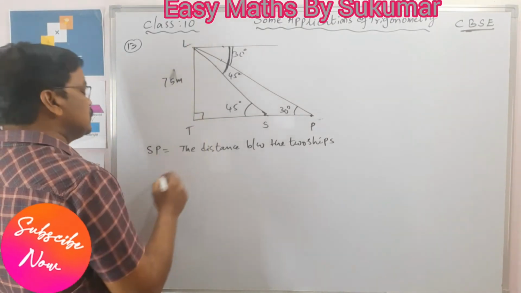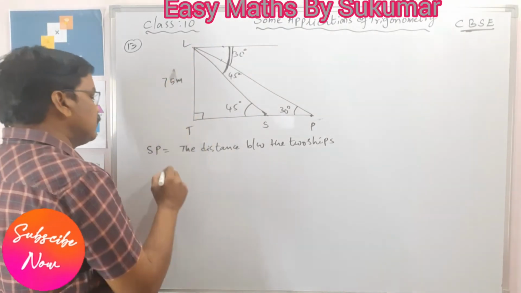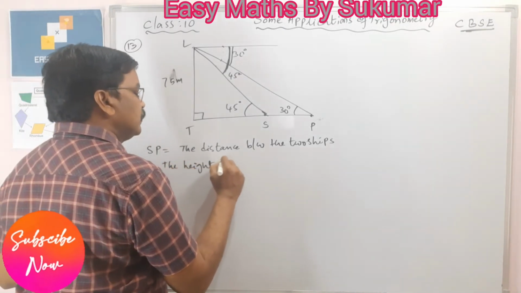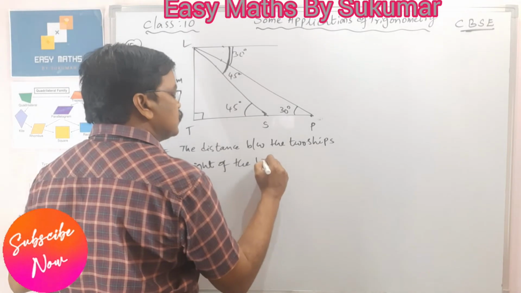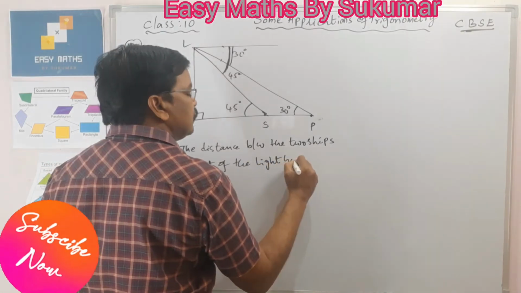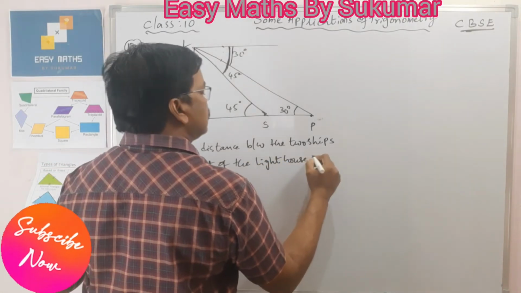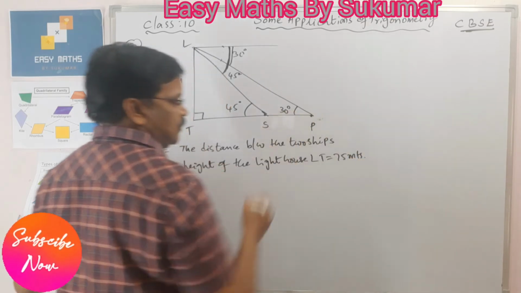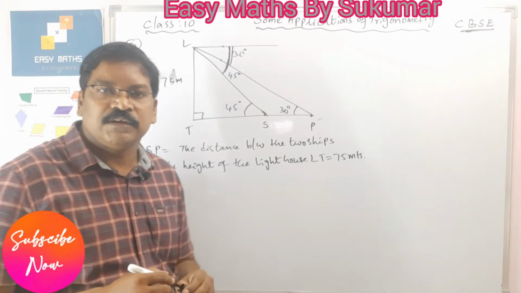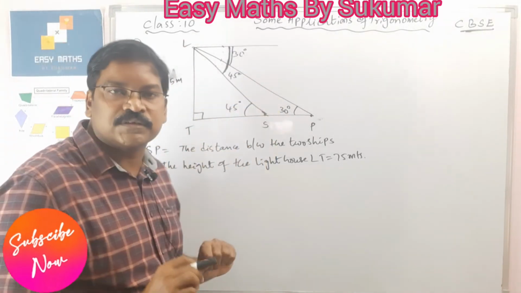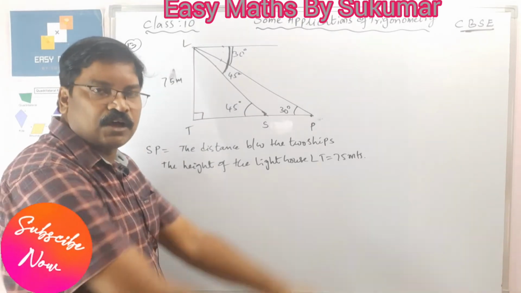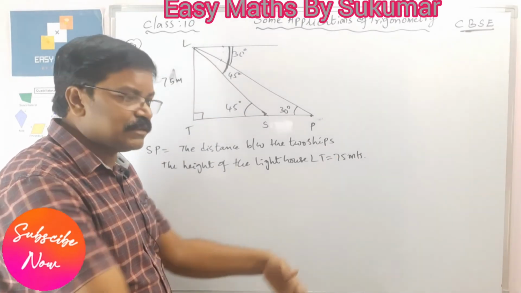See, what is the height of the lighthouse here? That is 75 meters. The height of the lighthouse LT is equal to 75 meters. My students, I hope you understand this question. This is the lighthouse and opposite to the lighthouse there is a sea.